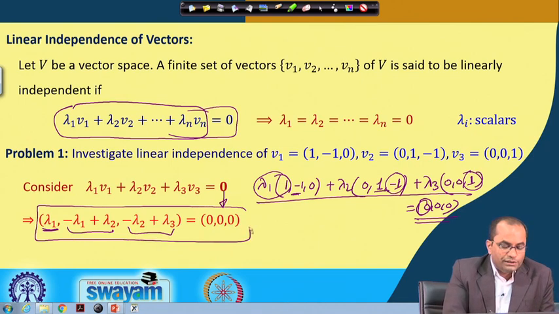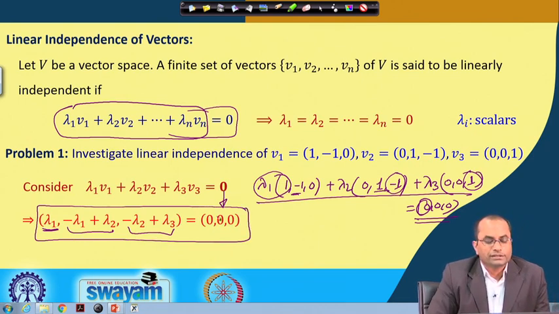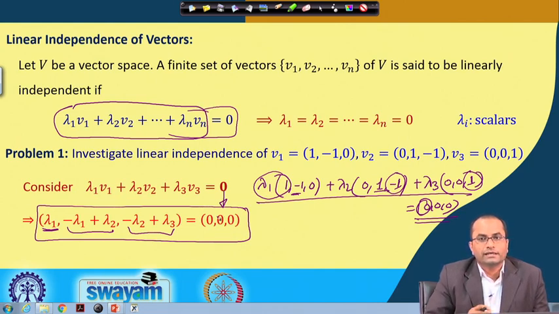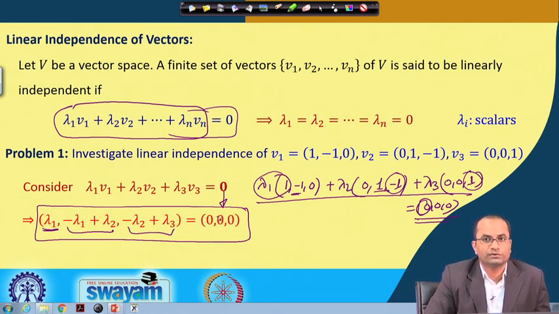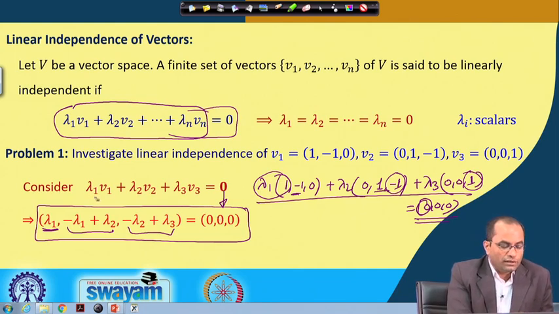And now from here we actually get 3 equations, and after solving these equations we will see whether we are getting a unique solution in terms of lambda. The unique solution will naturally be 0, 0, 0, because that is always the case when we have such a system, lambda 1 v 1 plus lambda 2 v 2 plus lambda 3 v 3 is equal to 0.